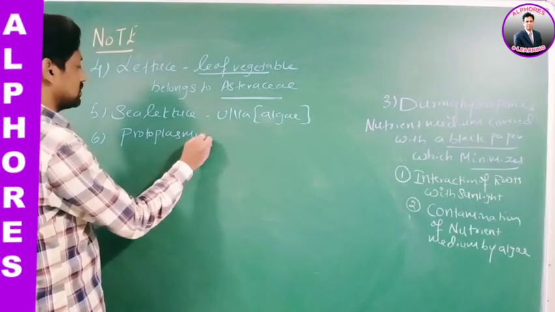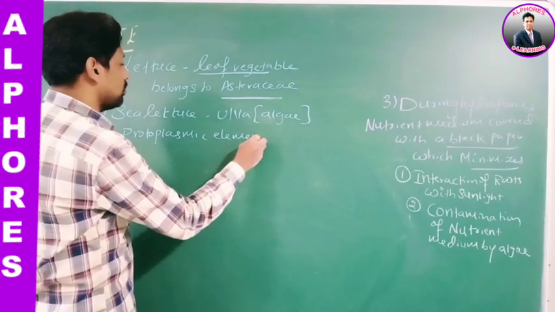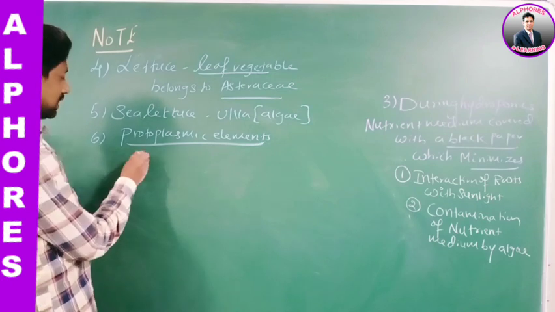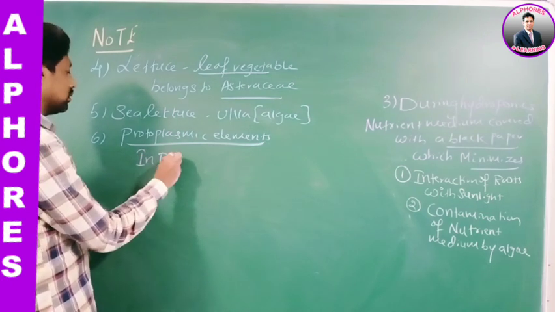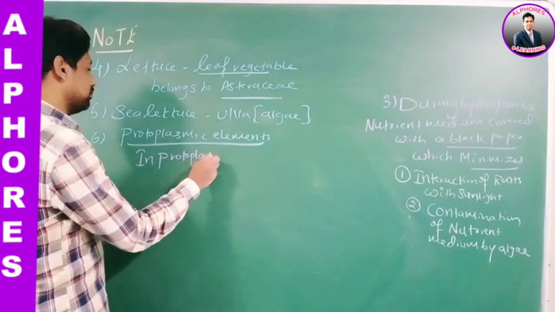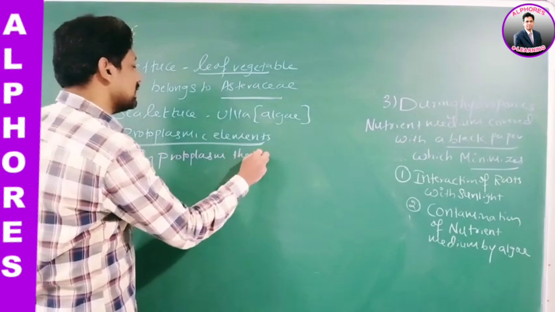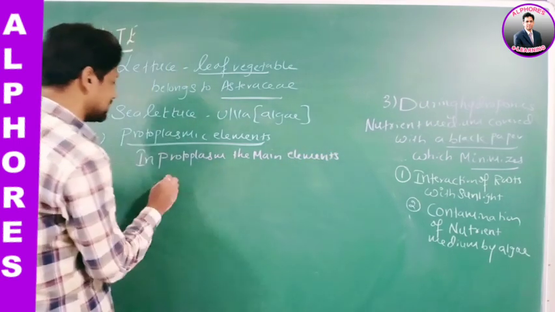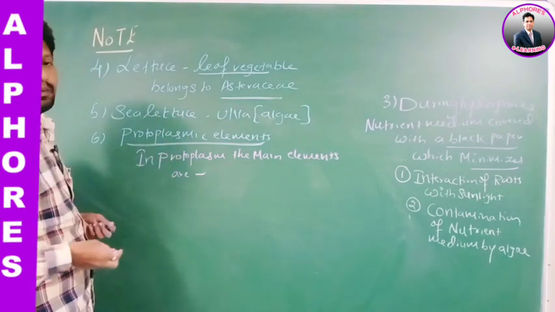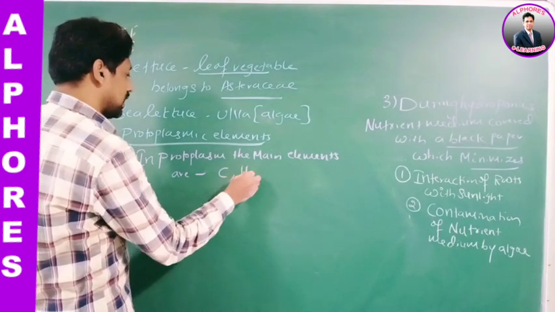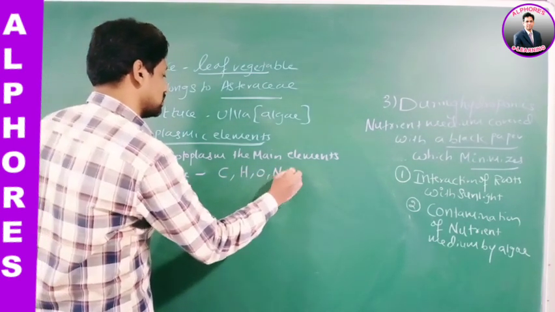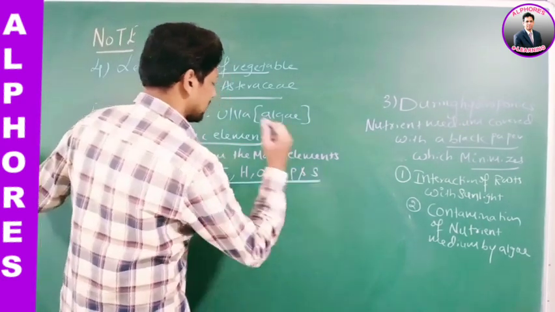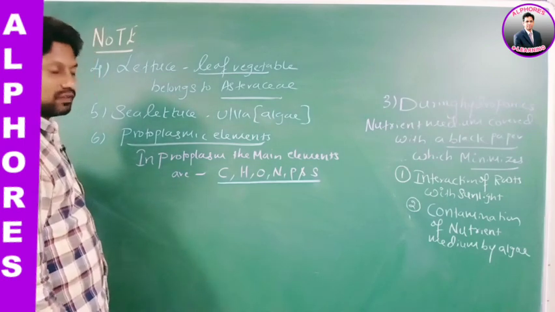Protoplasmic elements. Which elements? In protoplasm, the main elements are carbon, hydrogen, oxygen, nitrogen, phosphorus and sulfur.